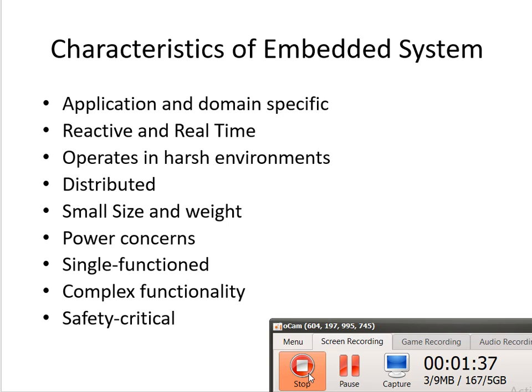As you know, each embedded system has certain functions to perform, and they are developed in such a manner to do the intended functions only. Really, they cannot be used for any other purpose. They are application specific.